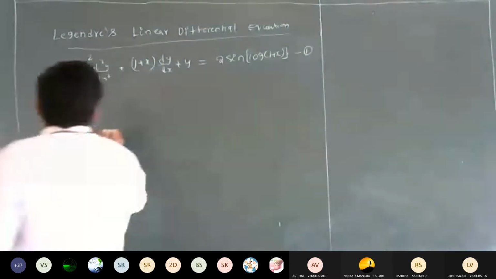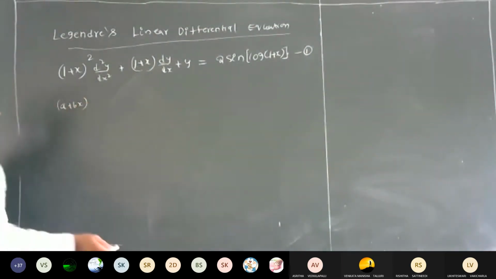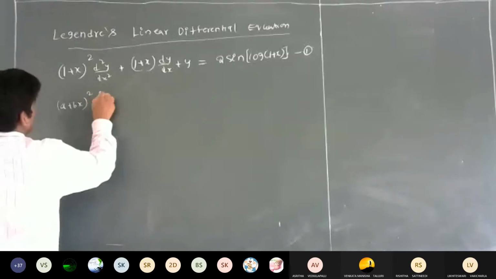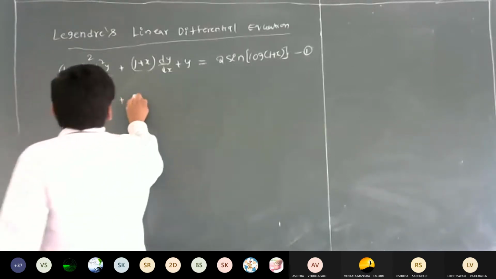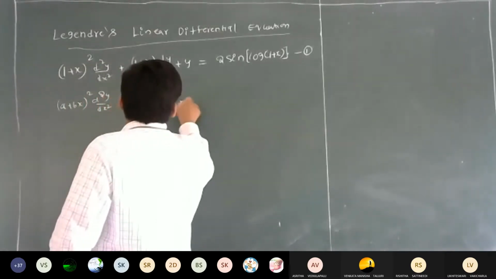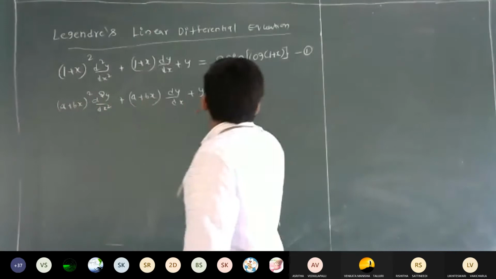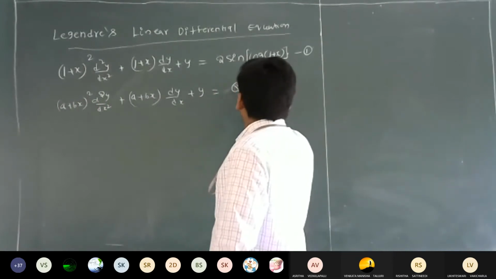Just compare with this: a plus bx whole square into d square y by dx square plus a plus bx into dy by dx plus y is equal to some function of x.